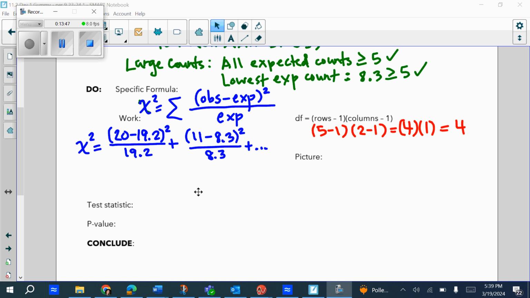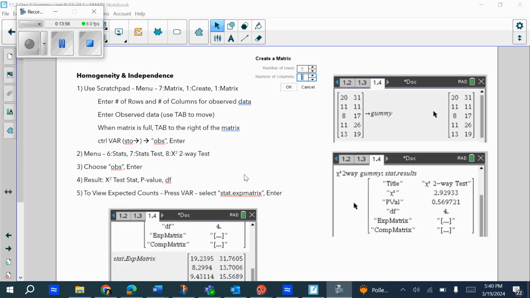You're going to be using Scratchpad or Calculate page so that we can enter a matrix. So here I have the directions for the chi-square test for homogeneity using the Inspire. This is what's on your paper that you were given. And I'll kind of walk you quickly through these steps. I have screenshots on here as well.